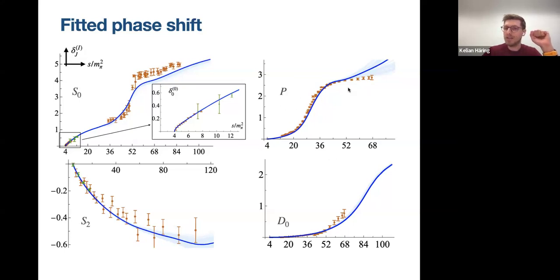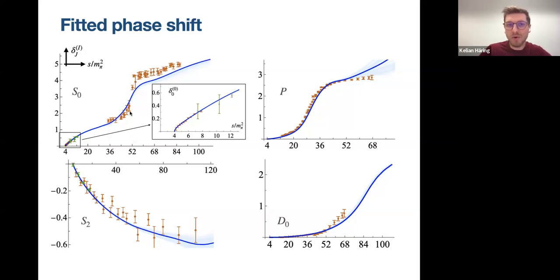The orange error bars are the experimental measurements, and the green ones are coming from lattice. There are a few lattice data points that we also use. In particular, this green point was really important for us to stabilize the numerics.